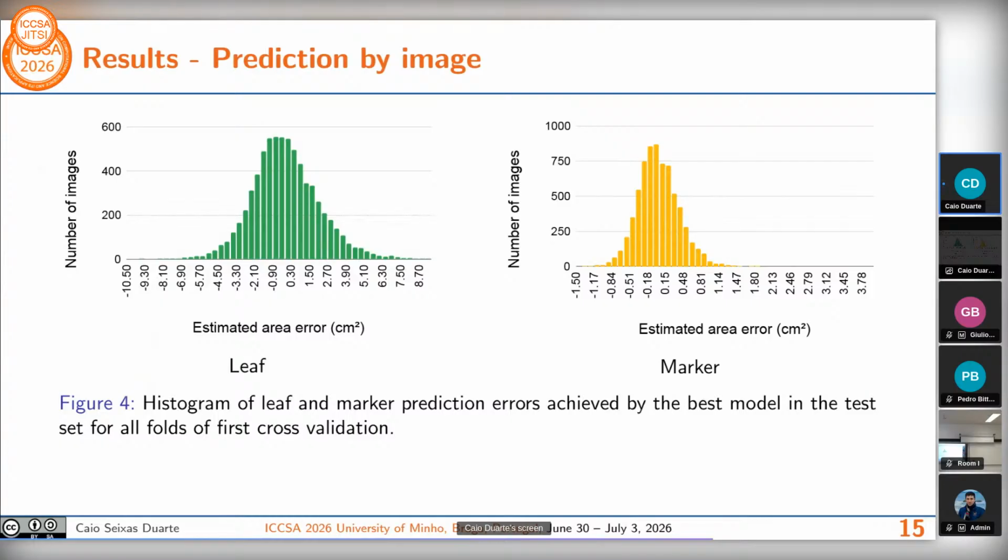For the leaf, there is a slight predominance of negative errors, confirming the small underestimation tendency observed in most folds. In contrast, the marker shows a much narrower distribution centered around 0, indicating lower error dispersion and greater estimation stability. And this behavior is consistent across all 5 folds and can be explained by the marker's more regular and well-defined geometry, which facilitates the segmentation and the error estimation process.